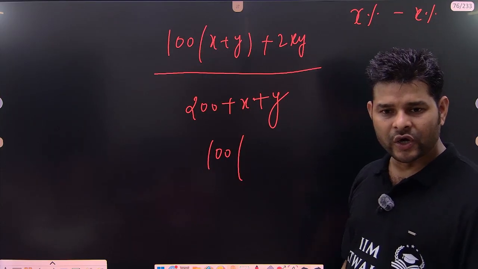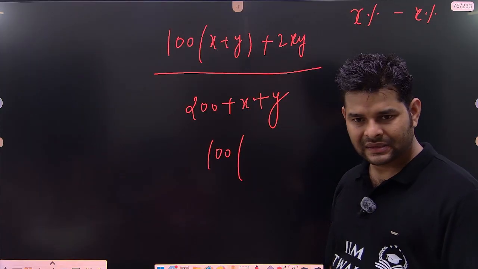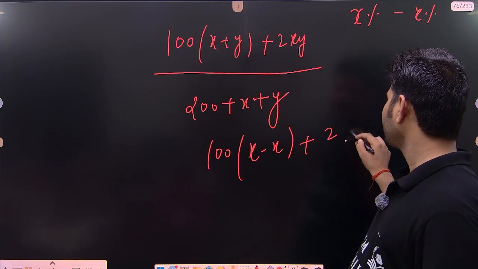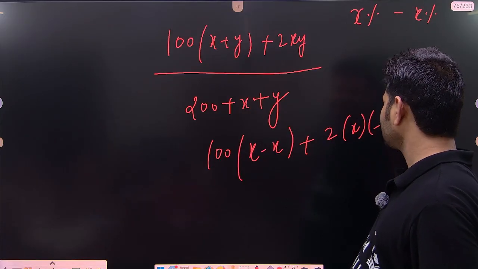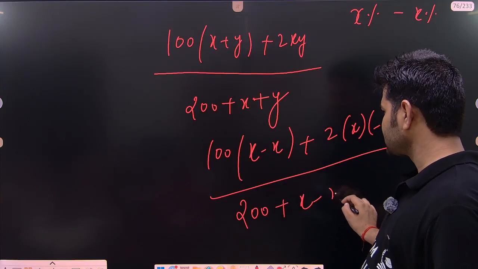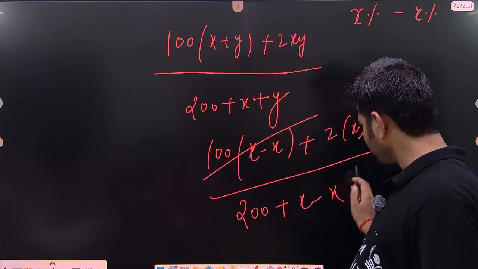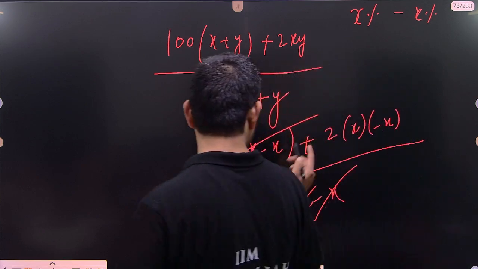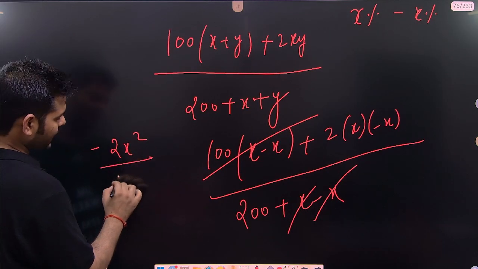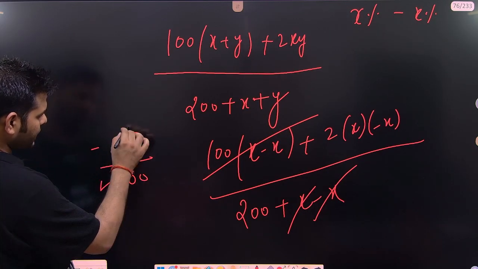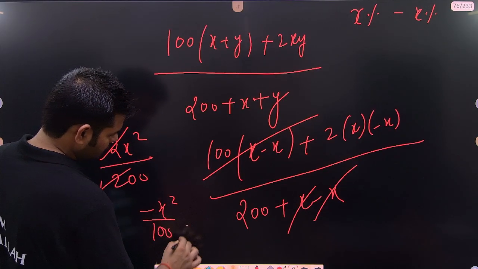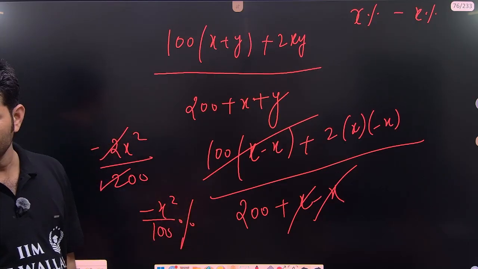So y is going to be replaced by minus x. So x minus x, 2x into minus x, and 200 plus x minus x. So you will get 0. And above you will get minus 2x square, and below you will get 200. 2 divided by 2. So basically you will get 200 loss. So this is the formula you now need to apply.